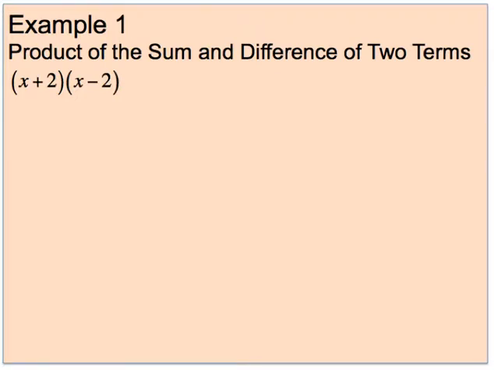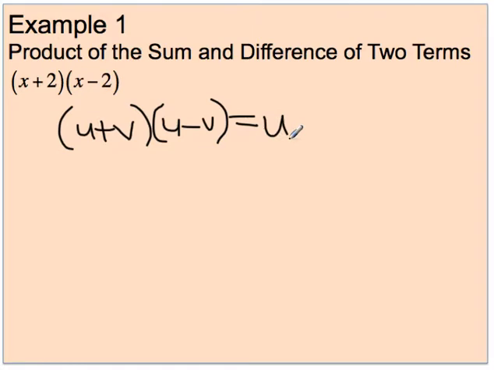So here we have the product of the sum and difference of two terms. So let's remember our formula. If we have u plus v times u minus v, we're supposed to get u squared minus v squared.